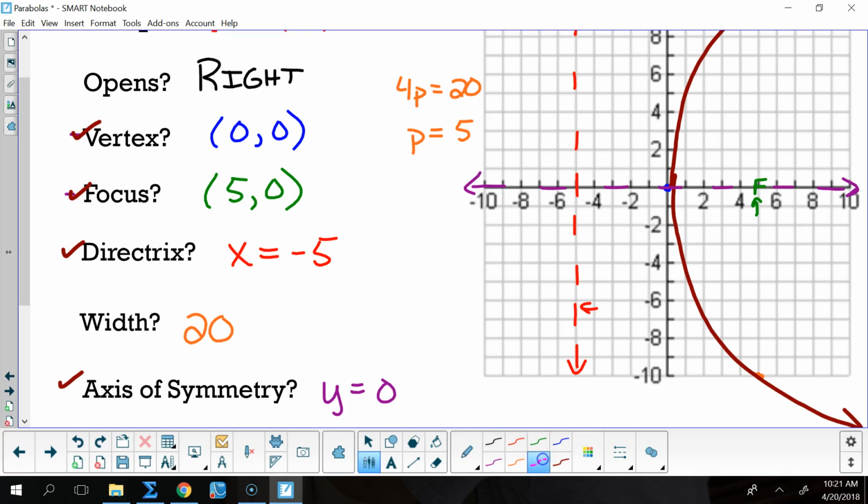If I take that point right there, that's a certain distance, and this distance right here is equal. And as I slide that point along the parabola, this distance here is always going to be equal to that distance there.